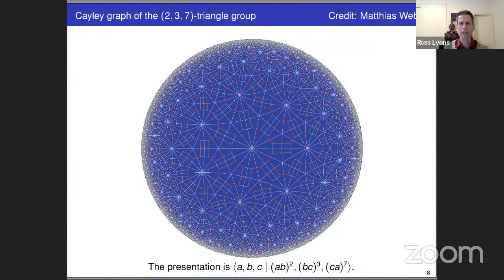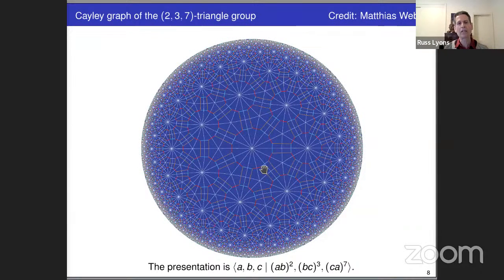So it has 3 generators, there are reflections in 3 sides. And there are 3 relations: (AB) squared, so that's like A, B, A, B, so you go around a rectangle; (BC) cubed, B, C, B, C, B, C, so it's a hexagon; and then (CA) to the 7th, so it's a 14-gon.